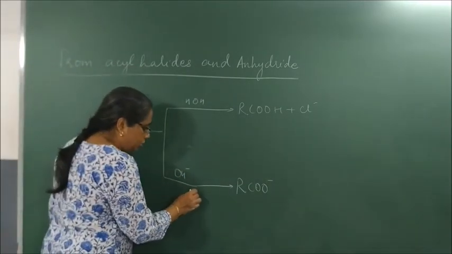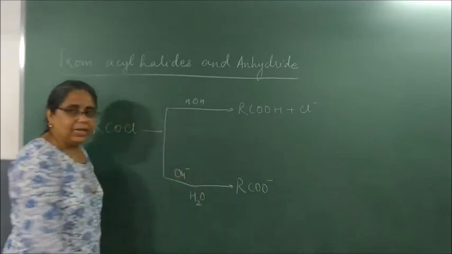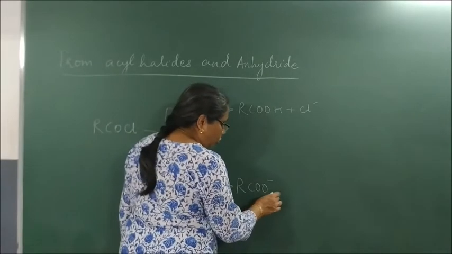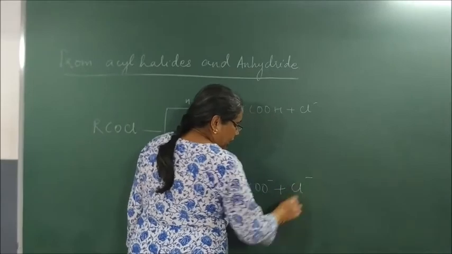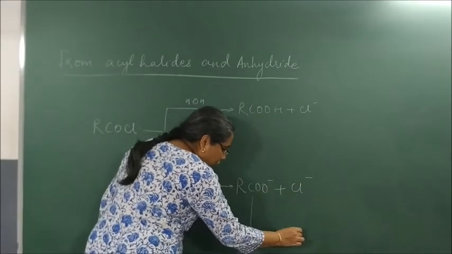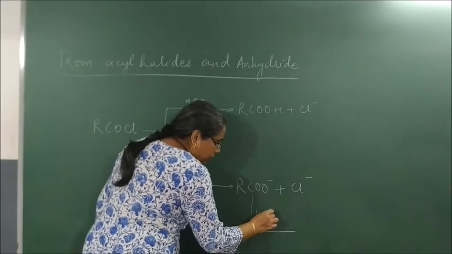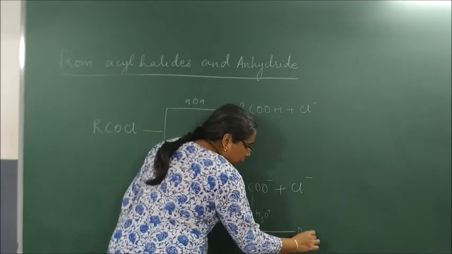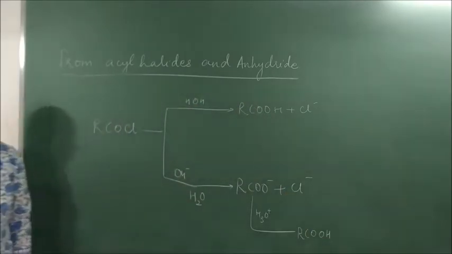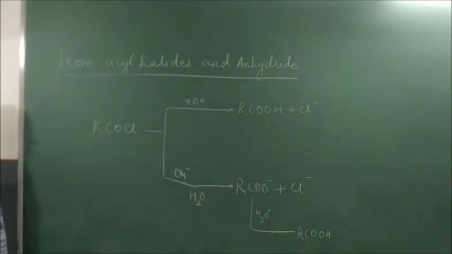It readily gets hydrolyzed in presence of what ion? OH ion. So what are we doing? Alkaline hydrolysis. So it forms RCOO minus plus Cl minus. Correct? Now, this RCOO minus, when it reacts with H plus, forms what? RCOOH. Clear?